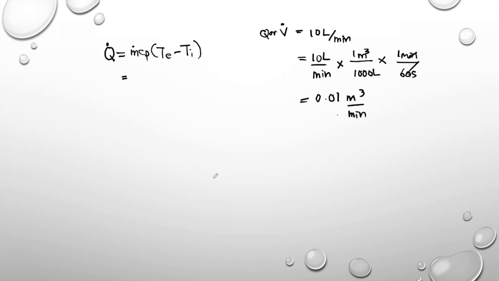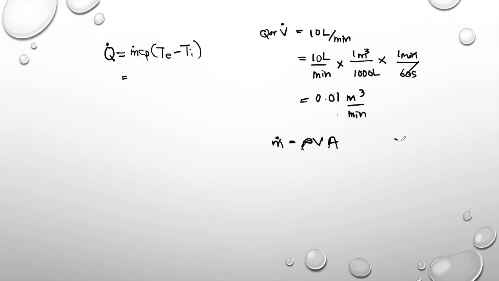So in order to get the mass flow rate, we know that mass flow rate is rho V A. Velocity times A is equivalent to V dot.